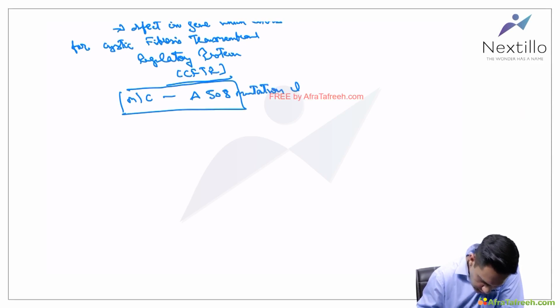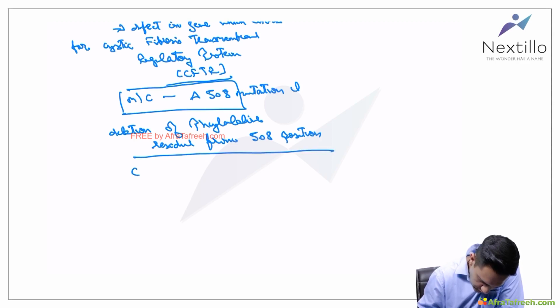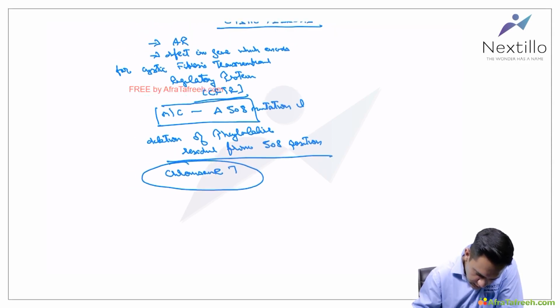Delta 508 mutation, and there is deletion of phenylalanine residue from the 508 position, and the chromosome which is associated is chromosome 7.